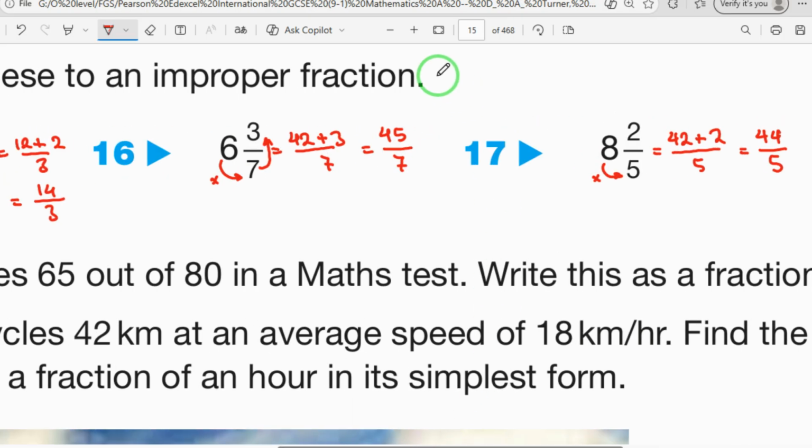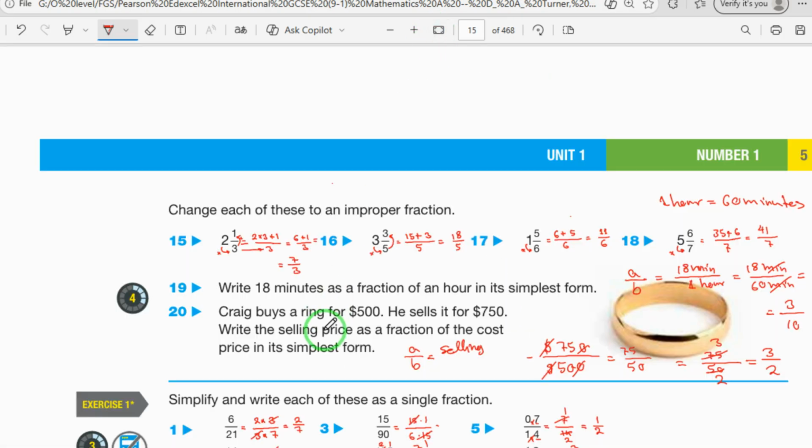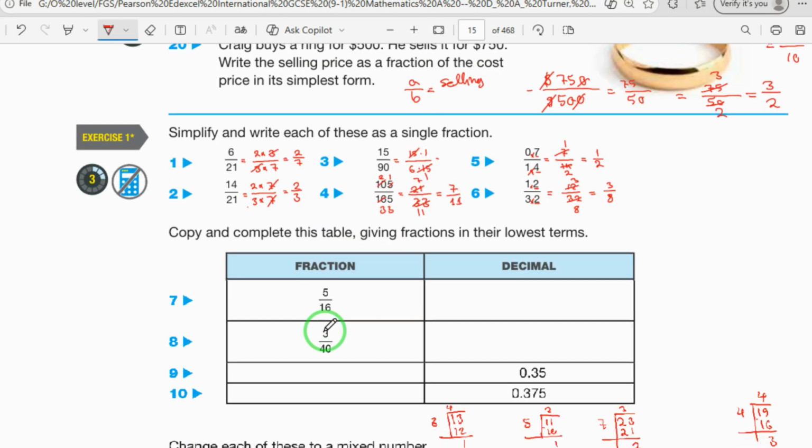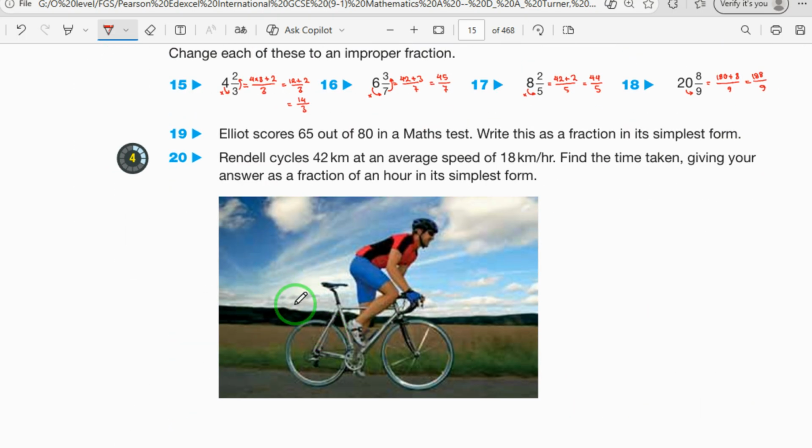And we come to question number 19. In question number 19, there is a word problem. It says that Eliud scores 65 out of 80 in a maths test. Write this as a fraction in its simplest form. You know that a fraction has the form a over b.